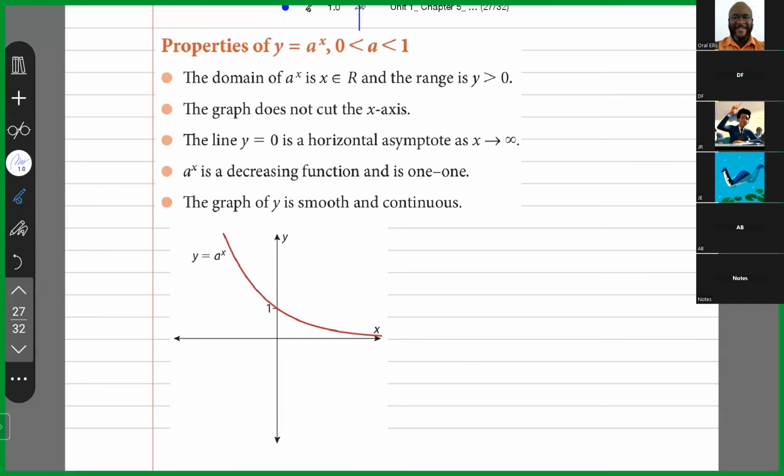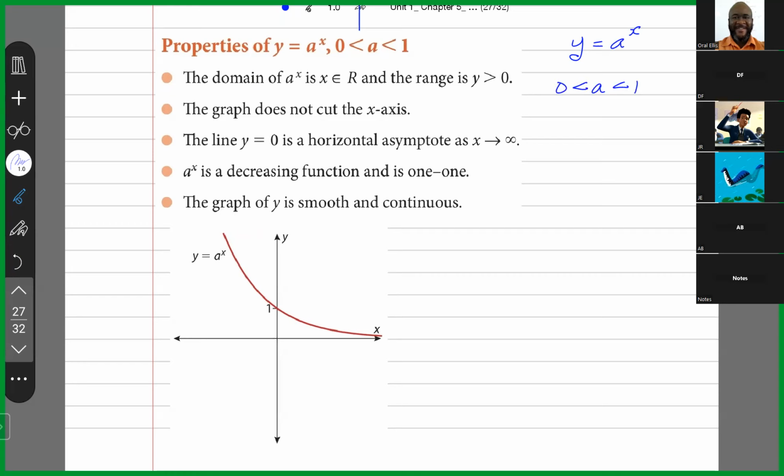All right, so what are the properties of y is equal to a to the x when a is less than 1 but greater than 0?